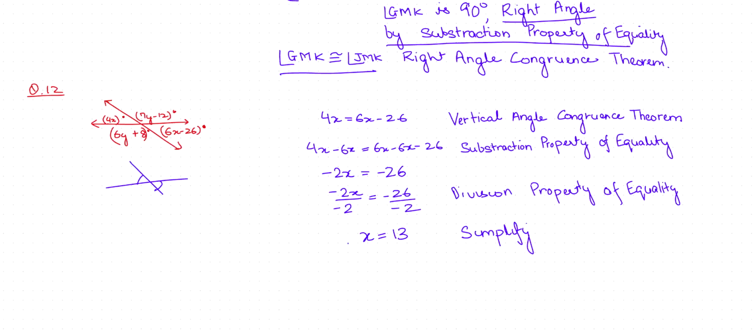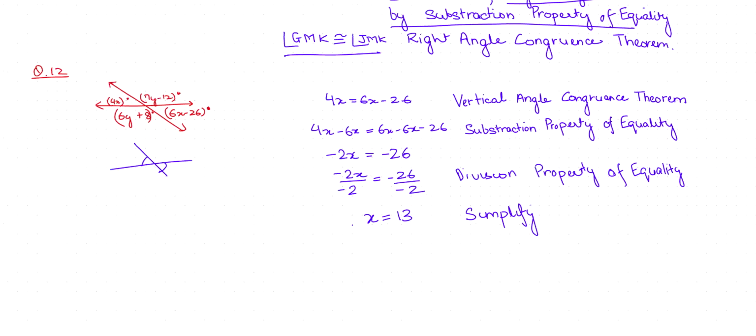Now let's do one more problem. Let's find the value of y, sorry. So this was the vertical angle congruence theorem we used for this. Now to get the value of y, we can use linear pair postulate also, as this angle and this angle both equal to 180 degree. They are supplementary.